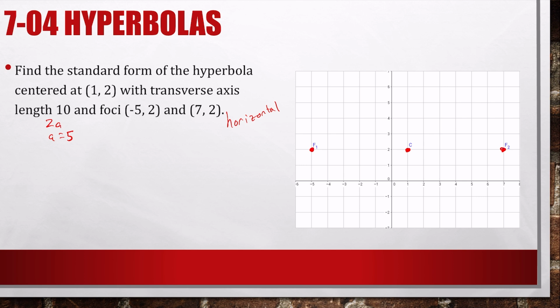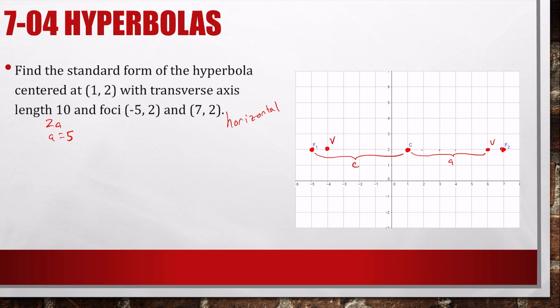And I know a is 5. So I could actually graph, I could go from the center over 5 and put a vertex, like such. And so that is the a. From the focus to the center is c.